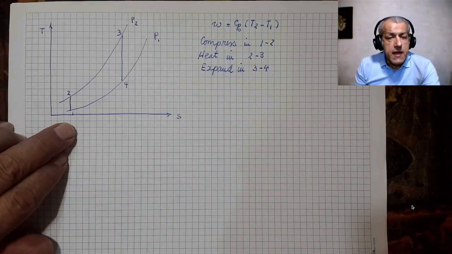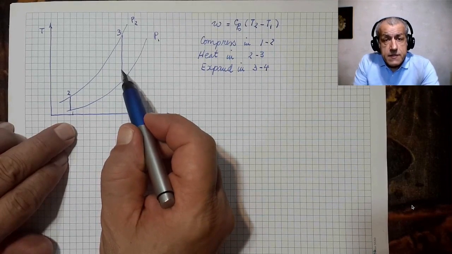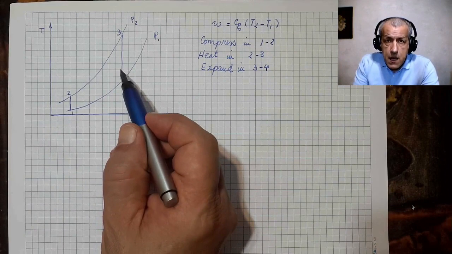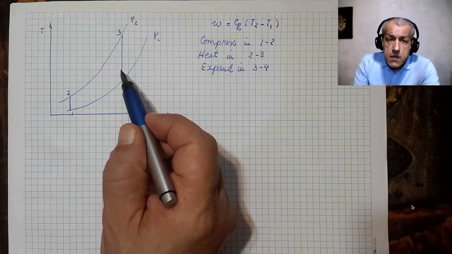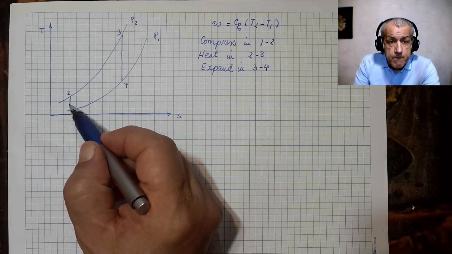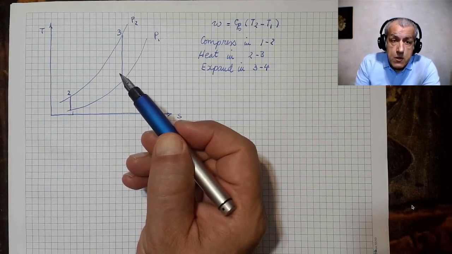And the work gained from expanding this medium, which is usually air, is larger than the work initially required for compressing it. And the difference means useful work.